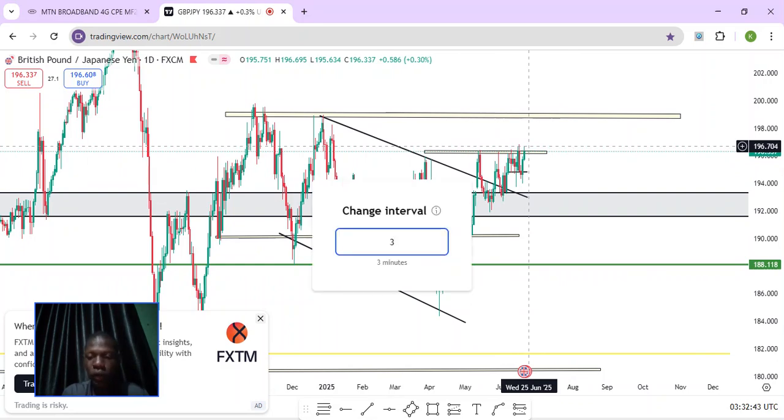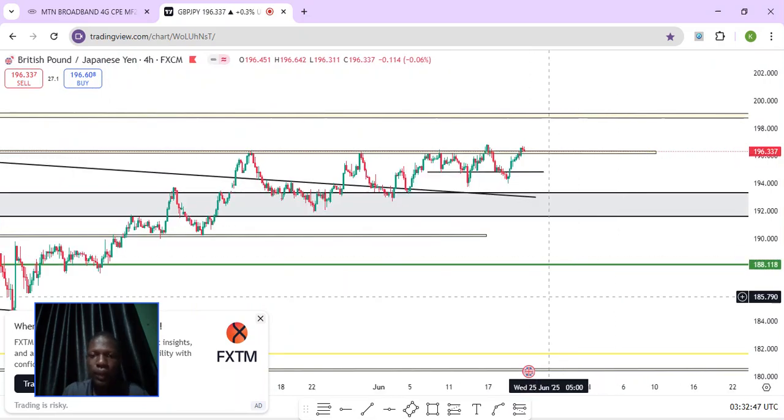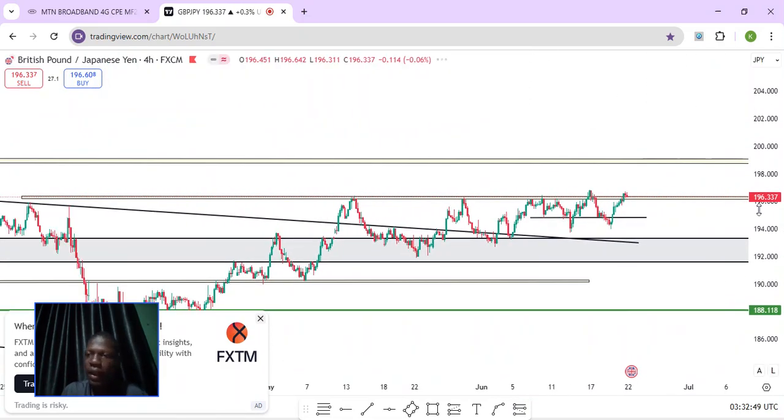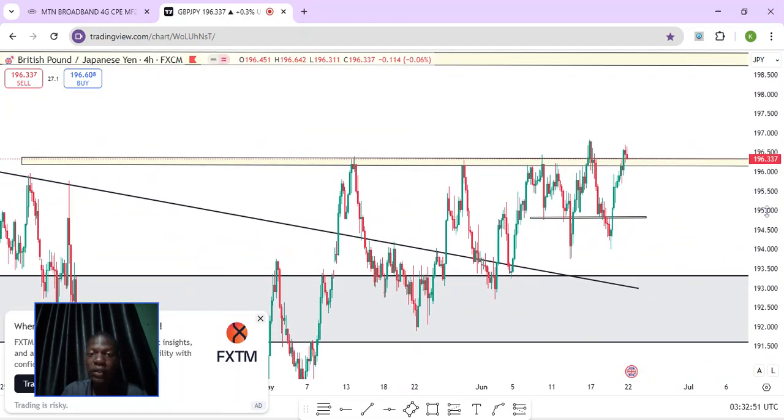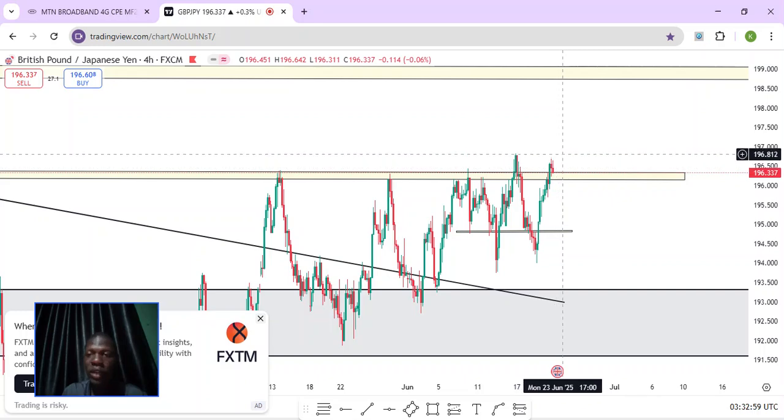Let me switch over to the faster time frame so you guys can get to see. So like I said, you can see this level has stopped this market from going all the way to the upside a couple of times. So what we just have to do is wait for a daily candle close above this level here.